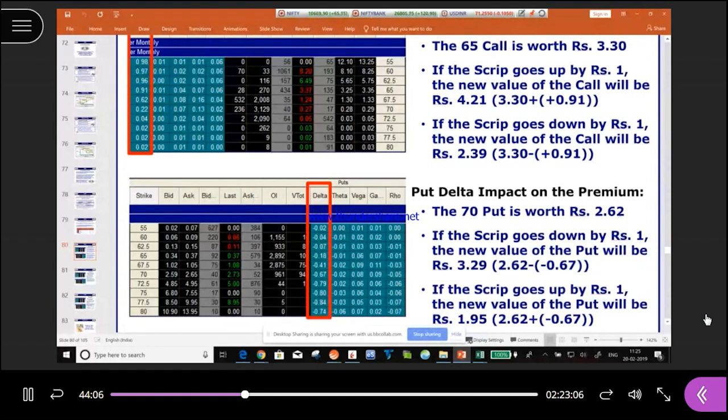Correct? Similarly, if the scrip moves down, should your premium go up or come down? A scrip goes up, your premium should move up or come down? Down. Down by what value? Delta. So 2.62 minus 0.67. That's it.